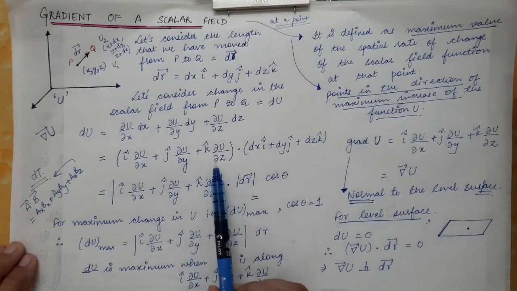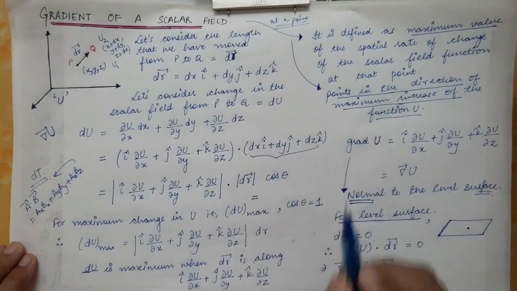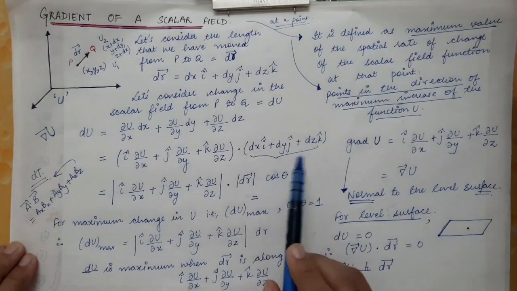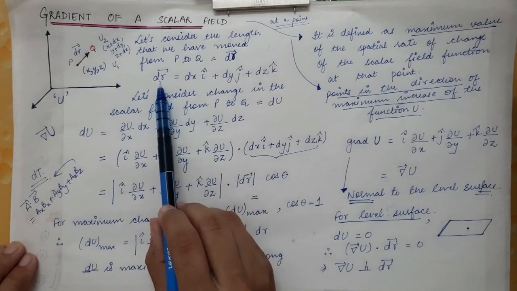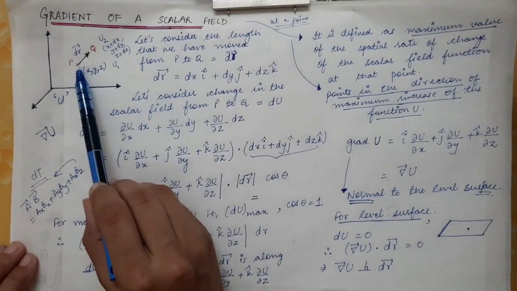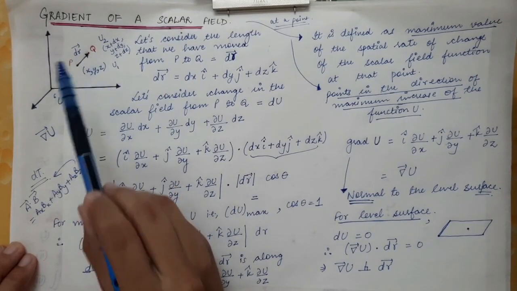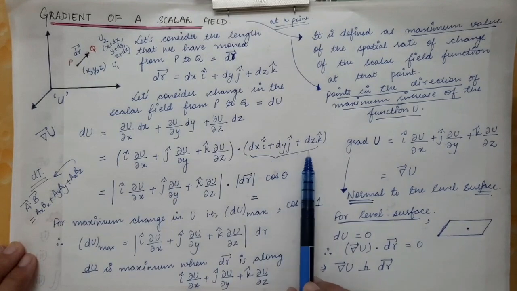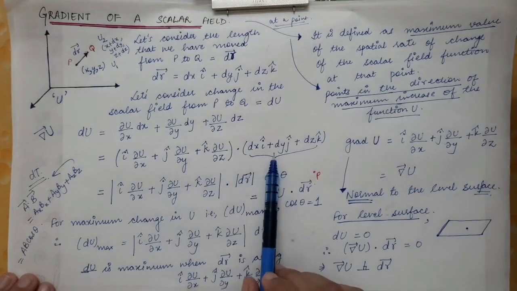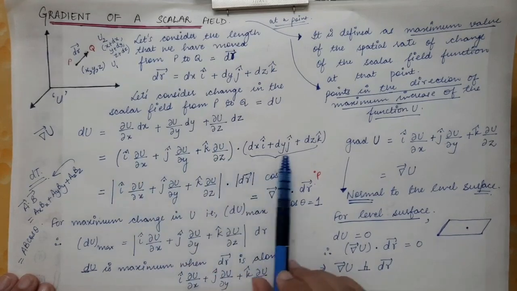Now this expression dx i cap, dy j cap and dz k cap is the vector that we have moved, which is the dr vector. This is the displacement vector from point P to point Q. This expression is one vector dot product with another vector.